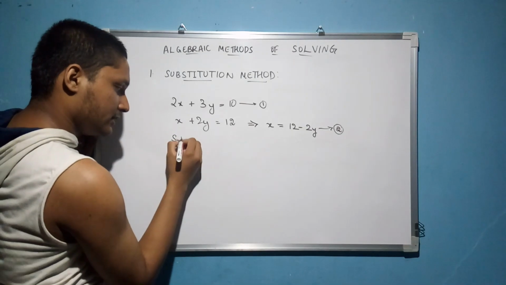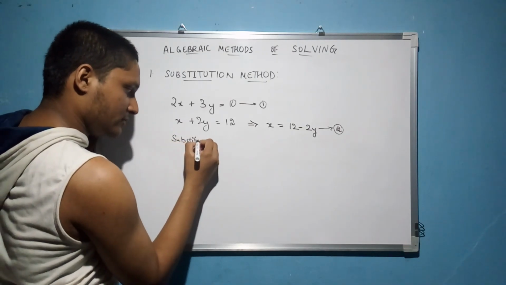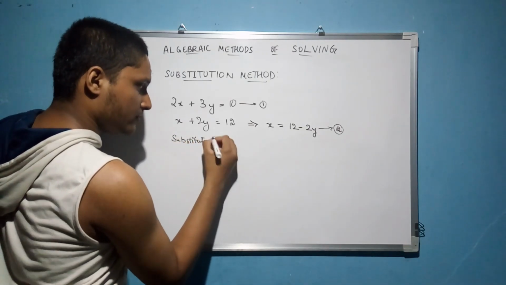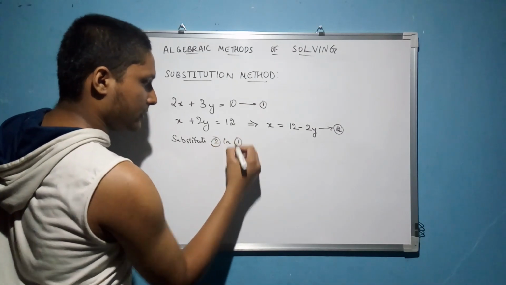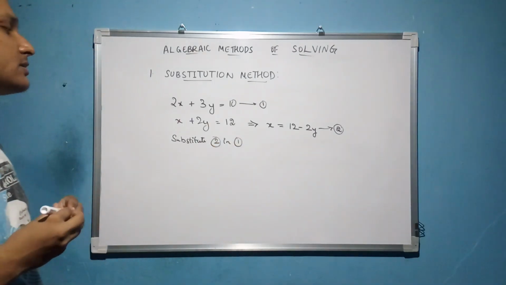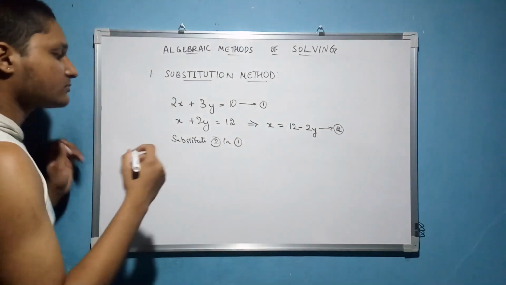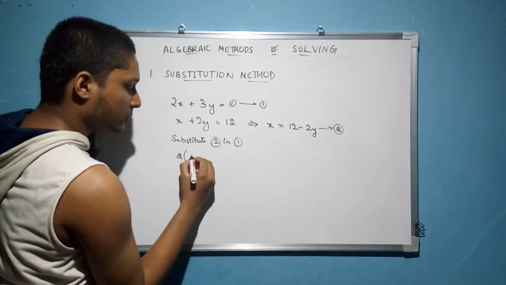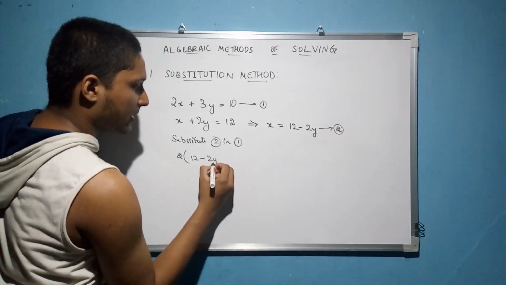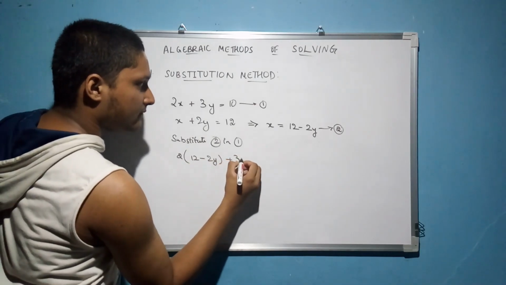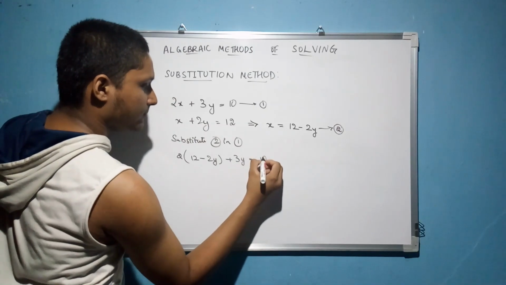Now I need to substitute equation 2 in equation 1. What are we going to get here? In place of this x, I need to substitute this whole term. It becomes 2 into (12 minus 2y) plus 3y is equal to 10.